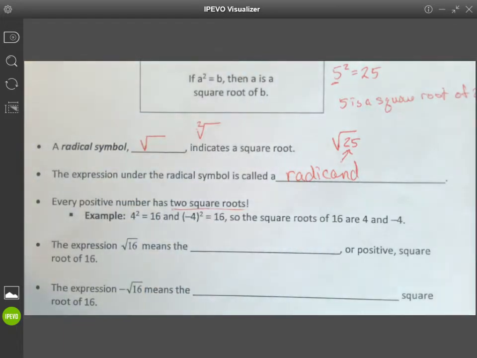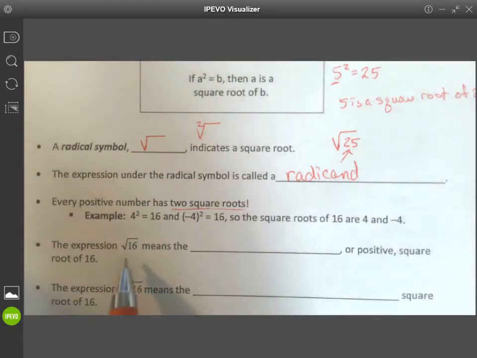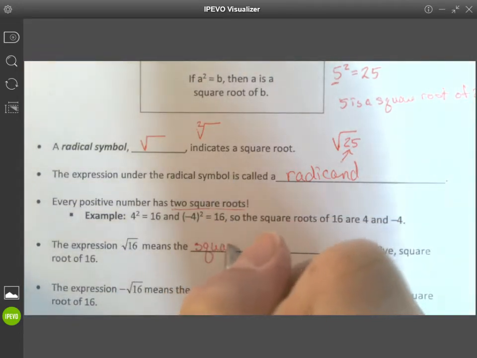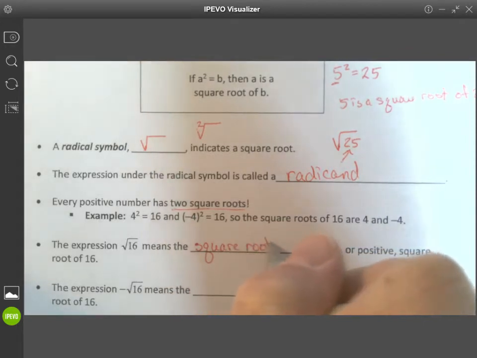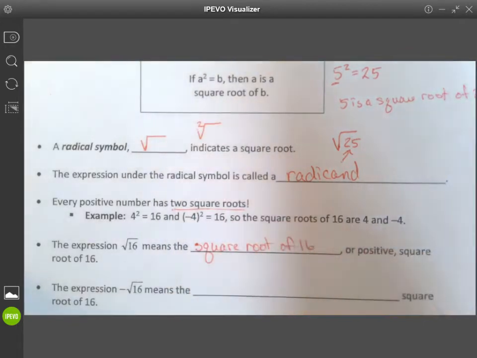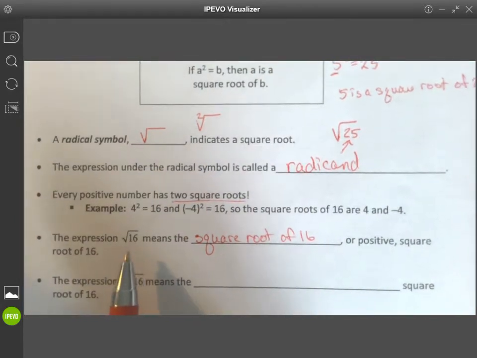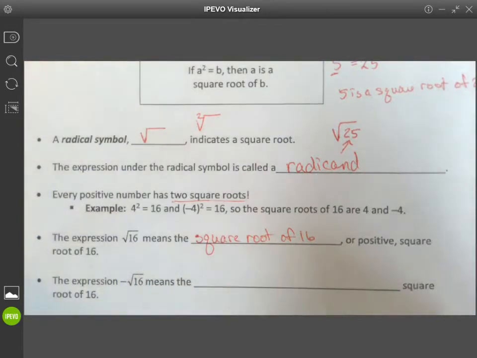Okay, so the expression, this root of 16 means square root of 16. Square root, and you know that, of 16. Or the positive square root of 16. So whenever we give this answer, a lot of times we will just say 4. That's the positive root of 16, or the principal root.